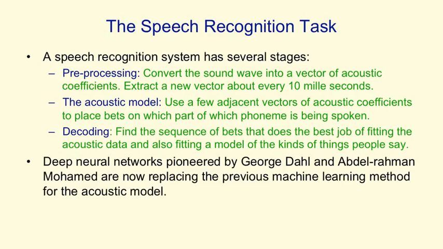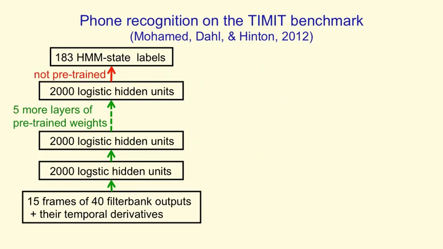Currently, deep neural networks pioneered by George Dahl and Abdel-rahman Mohamed at the University of Toronto are doing better than previous machine learning methods for the acoustic model, and they're now beginning to be used in practical systems. So, Dahl and Mohamed developed a system that uses many layers of binary neurons to take some acoustic frames and make bets about the labels.